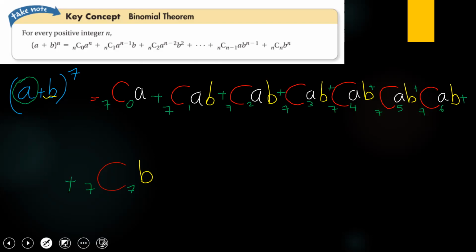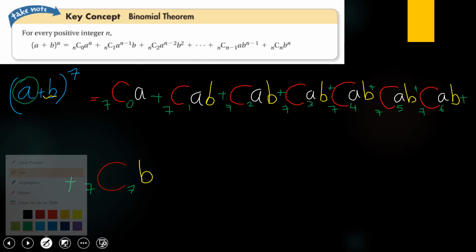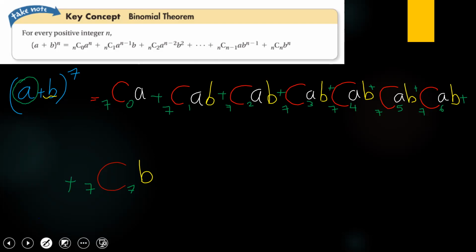And after that, here you have to write a to the power n, like a to the power 7. Or you can say 7, 6, 5; you have to count back: 7, 6, 5, 4, 3, 2, and 1.